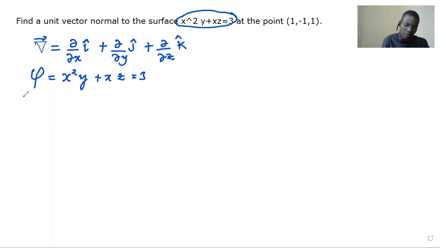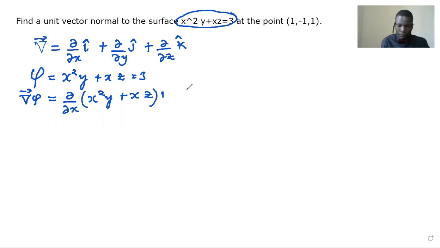We say Nabla operating on phi, which is going to be like that, with x z and then plus. So this Nabla is going to operate on the whole of this scalar.